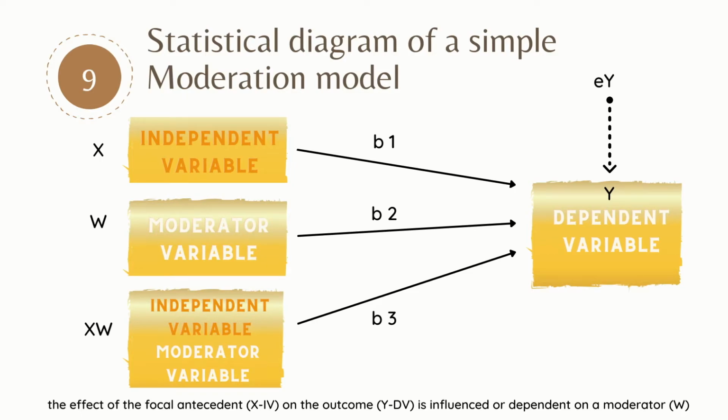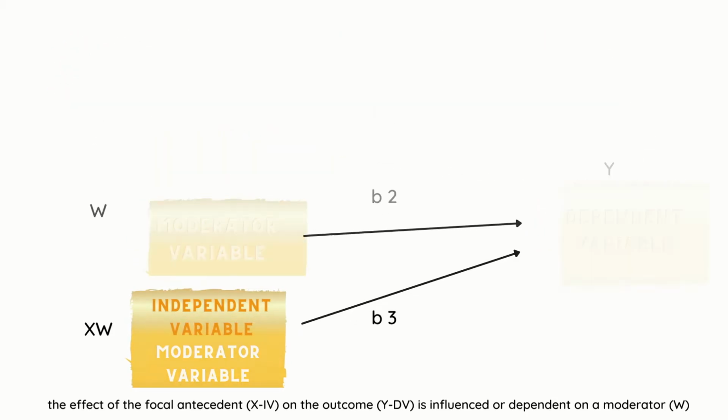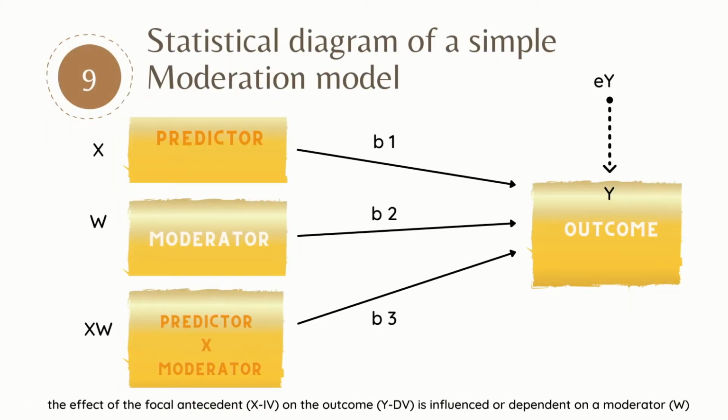In other words, we are really just interested in the effect of the independent variable on the dependent variable, and this effect is different at different values of the moderator. We are never interested in the effect of the moderator on the dependent variable.